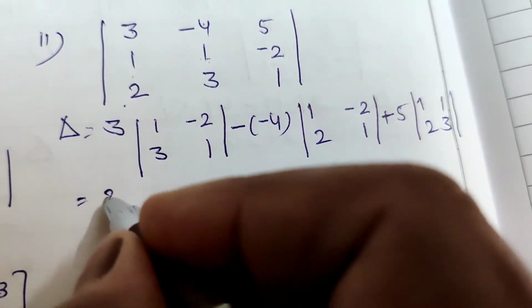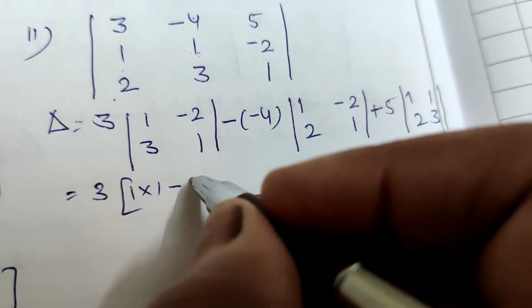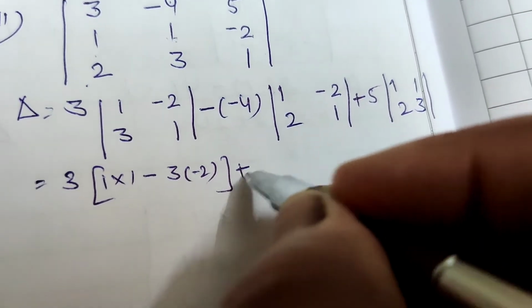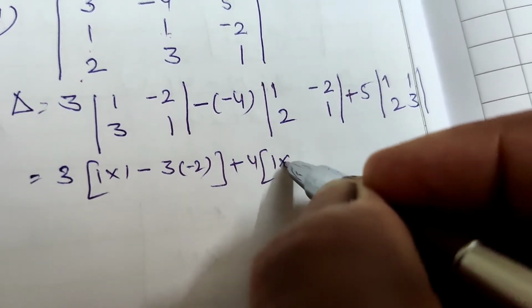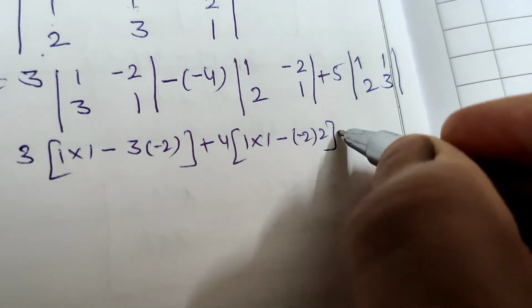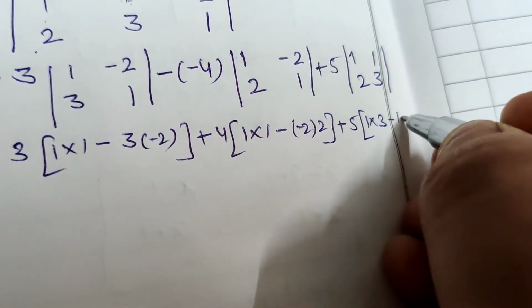Now 3 multiplied to cross multiply: 1 into 1 minus 3 into minus 2. Plus 4, 1 into 1 minus 2 into 2. And 5, 1 into 3 minus 1 into 2.